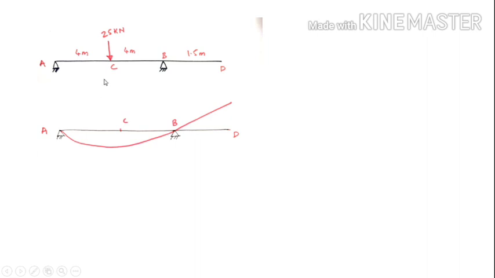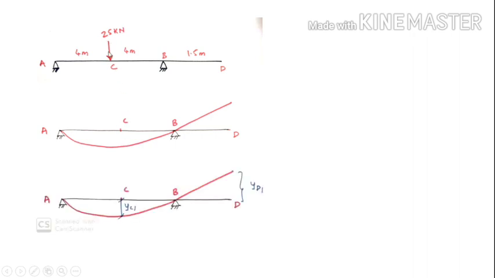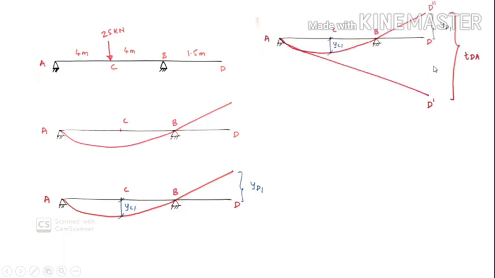Now we will see the calculation of deflection at C and D due to this applied load of 25 kilonewton. Since it's the first load, I will be defining deflection at C and D as YC1 and YD1. First we will see the calculation of YD1. YD1 is equal to D'D'' minus DD'.